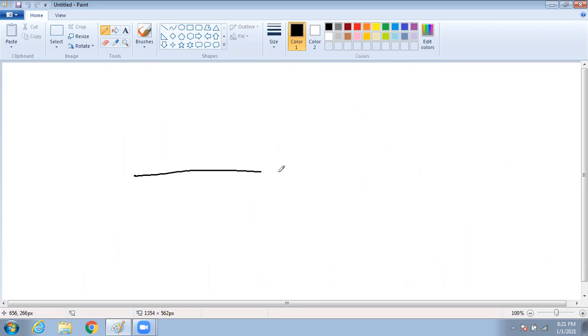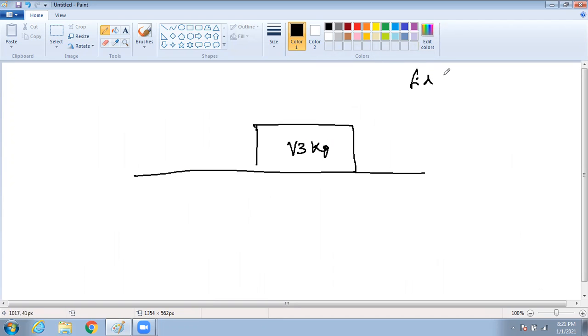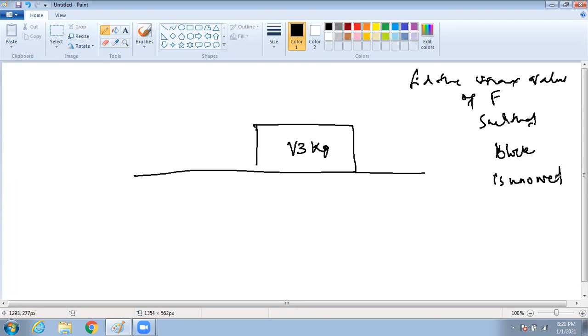So now let us go to the next topic. There is a block of mass √3 kg. Question is, find the maximum value of F such that the block is unmoved.